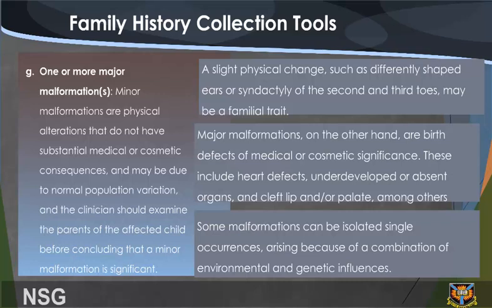G. One or more major malformations. Minor malformations are physical alterations that do not have substantial medical or cosmetic consequences and may be due to normal population variation, and the clinician should examine the parents of the affected child before concluding that a minor malformation is significant.